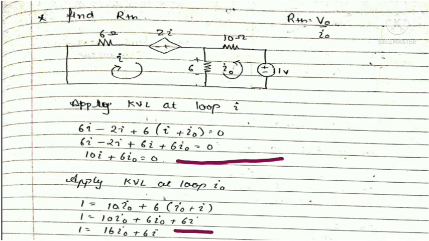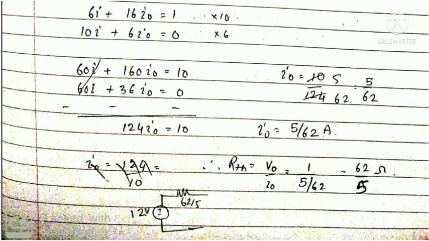Now what do we have to find? We have to find the value of i0, because at this terminal we have to find the RTH, and at this terminal the current flowing is I0. So now find the I0 by the simplification technique. 6i plus 16i0 is equal to 1, and 10i plus 6i0 is equal to 0.